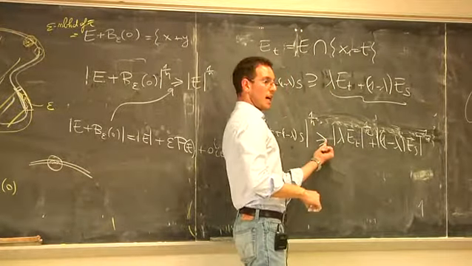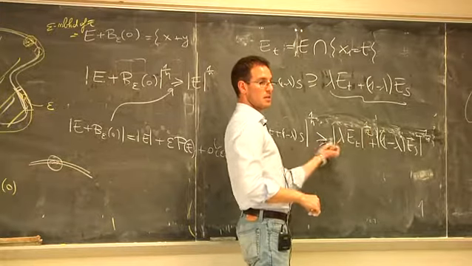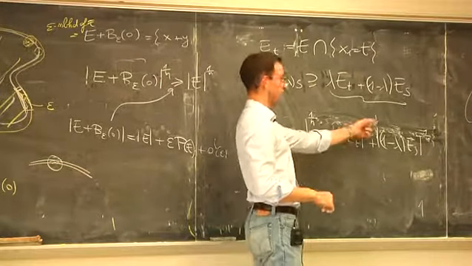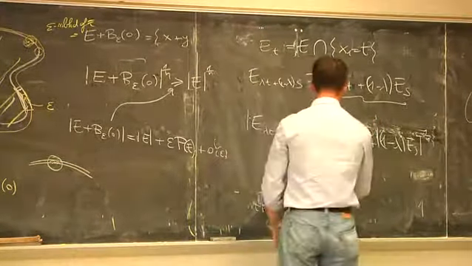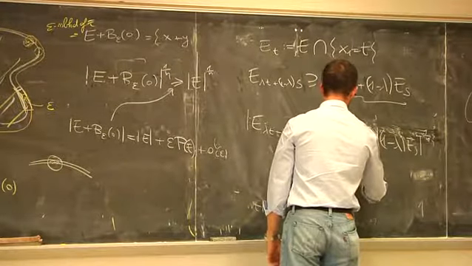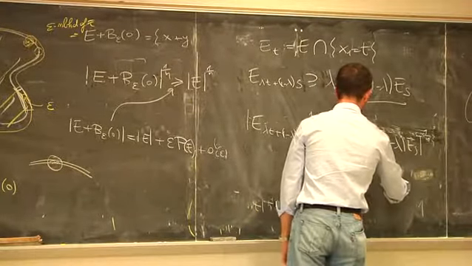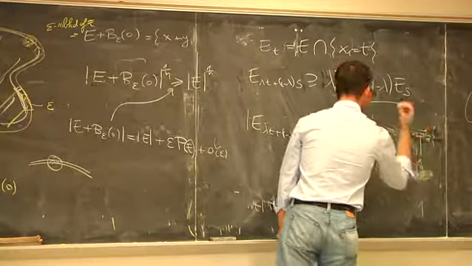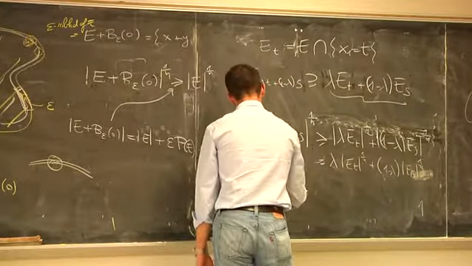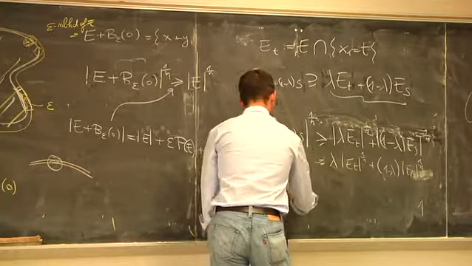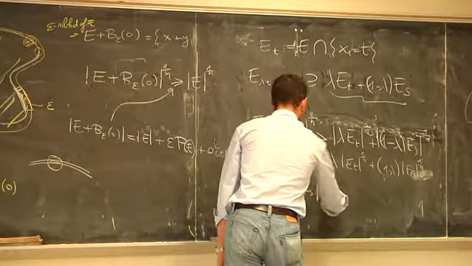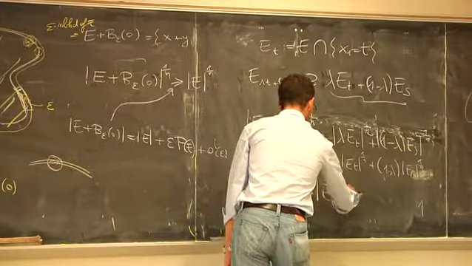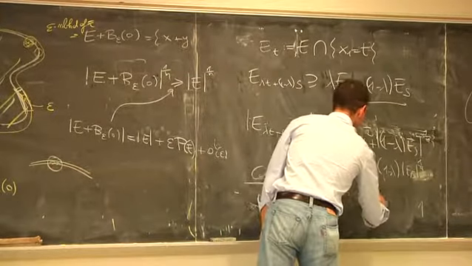So if you take lambda out, since there is 1 over n, it is a lambda to the n, but then there is 1 over n, so you get lambda. So this is lambda times volume of Et to the 1 over n plus (1 minus lambda) times volume of Es to the 1 over n. So the corollary is that the function which to t associates the volume of Et to the 1 over n is concave.